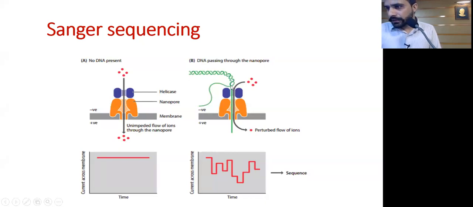If DNA starts passing through that pore, the flow of ions from one side to the other is disturbed. Because different nucleotides disturb the flow of ions differently, based on that difference we can determine which nucleotide is flowing through the nanopore. Is it clear now? Thank you.